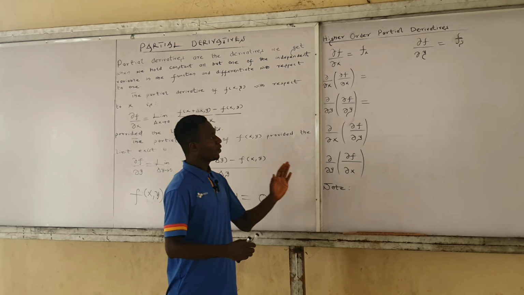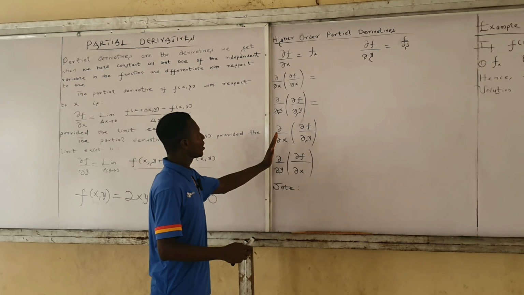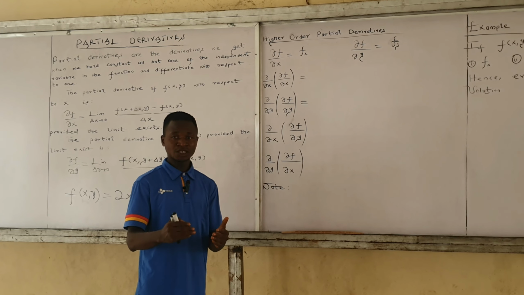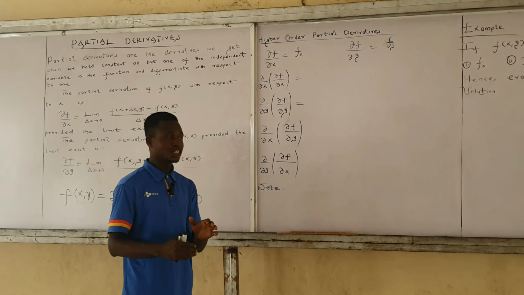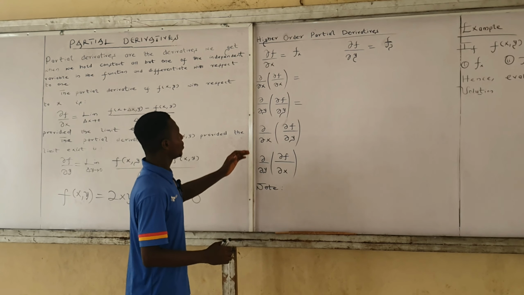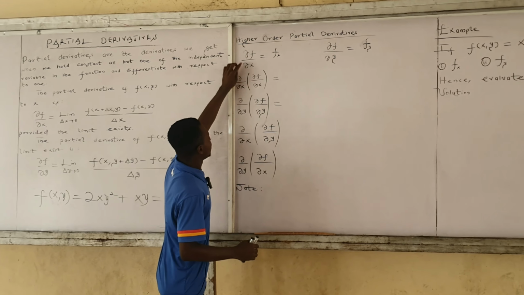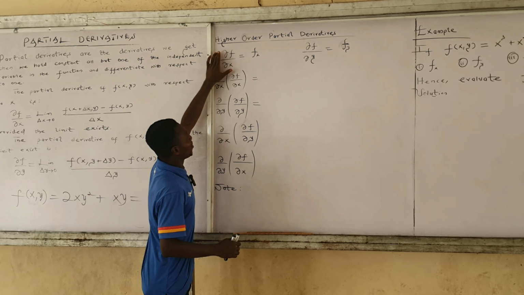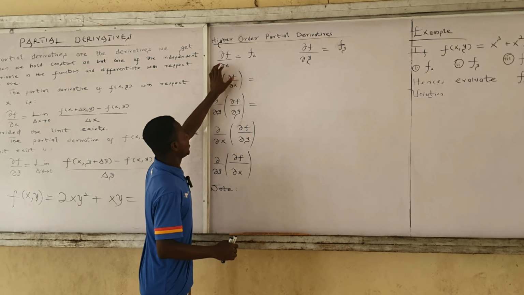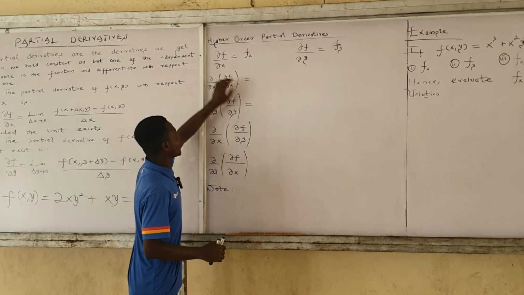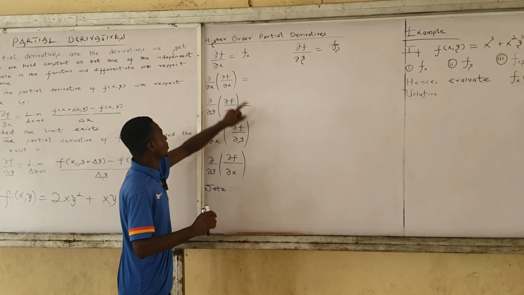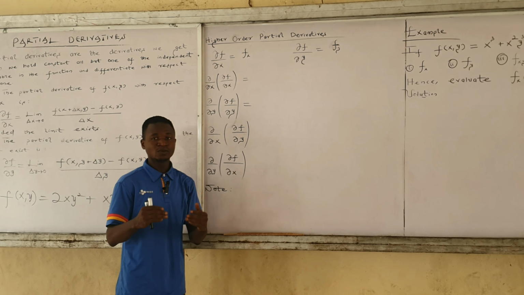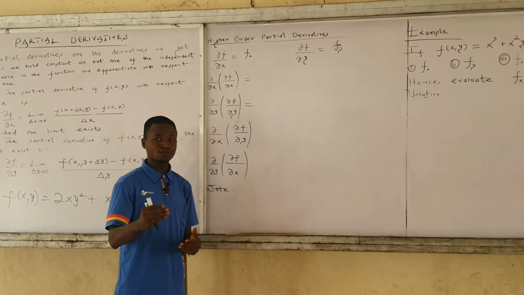Now, before we go into the examples, we are going to be looking at some of the notations and higher order derivatives that we can find in partial differentiation. So in this case, the expression ∂f/∂x means that we should partially differentiate the function that is given to us with respect to x. This is when we are working with a function of two variables.